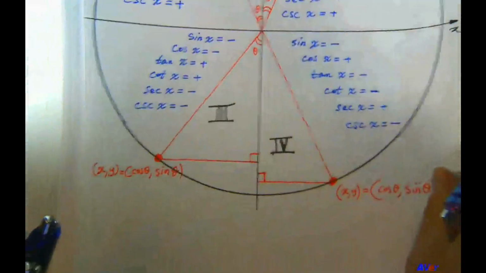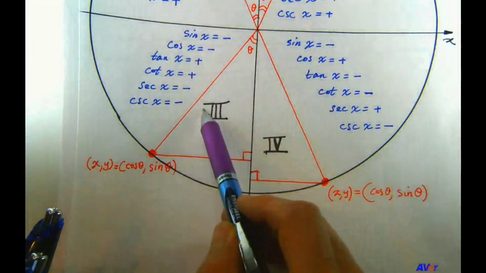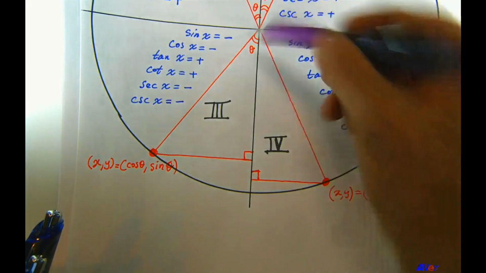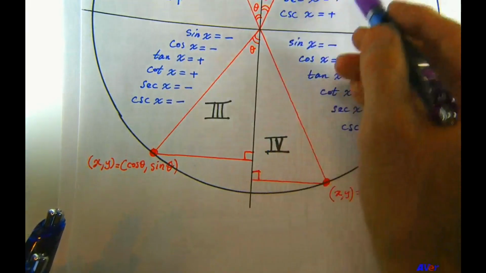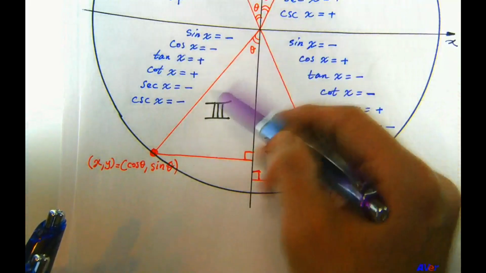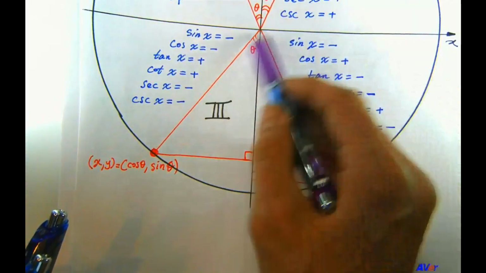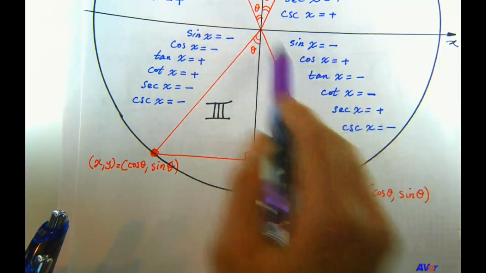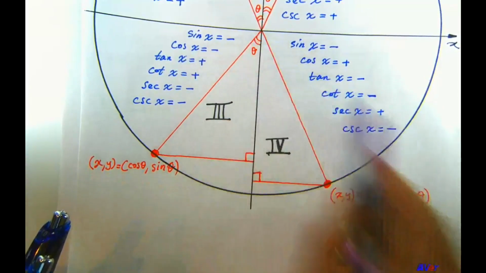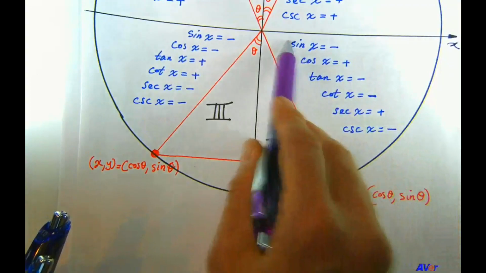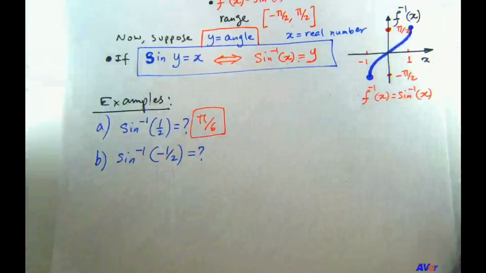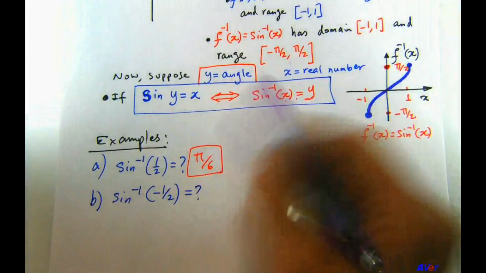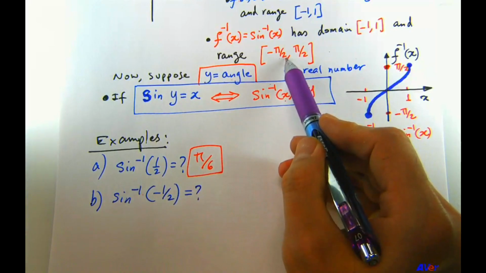So now we're either in the third quadrant or in the fourth quadrant. But which one? We have to be in the fourth quadrant, because in the third quadrant the reference angle would not be pi over 6. With negative pi over 6, we are in the fourth quadrant and the sine value is negative. We have to be in this range; we can't write down an angle outside of it for the inverse.